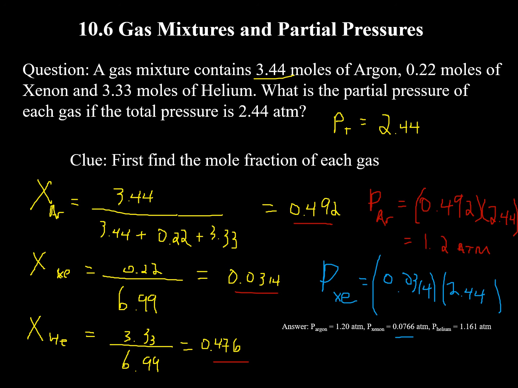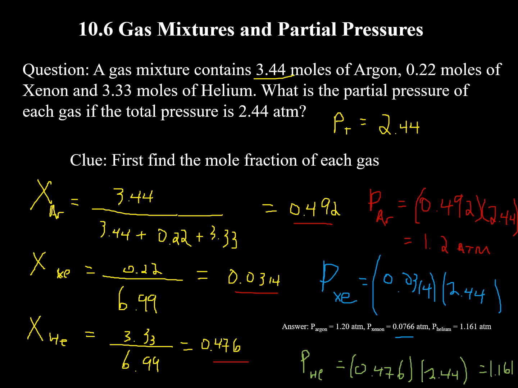And the last one, partial pressure of helium equals 0.476 times the total, 2.44, and this comes out to 1.161 atm.